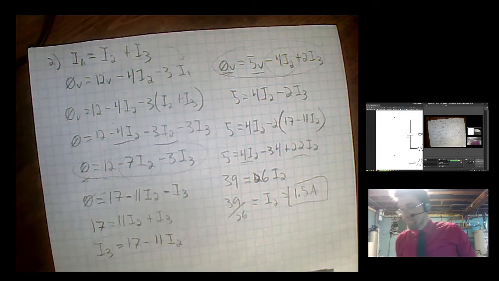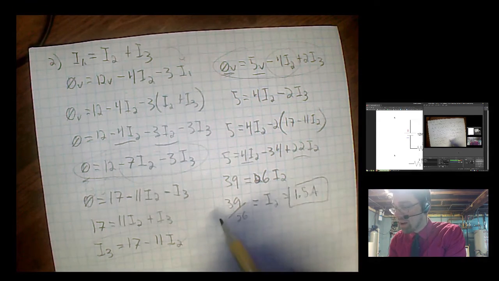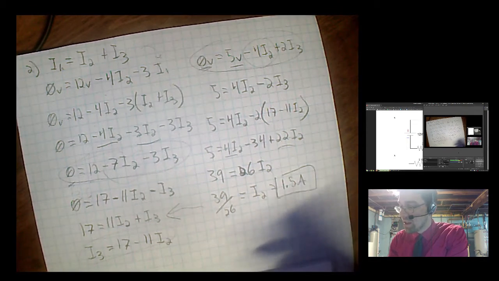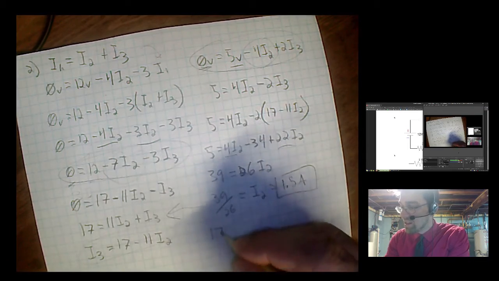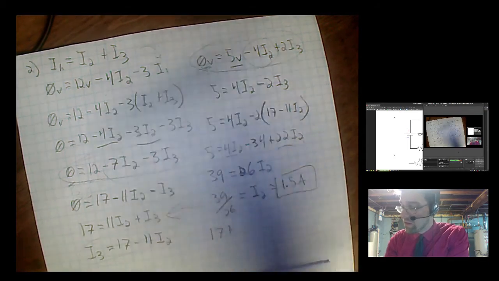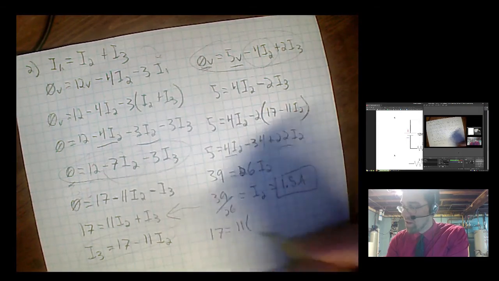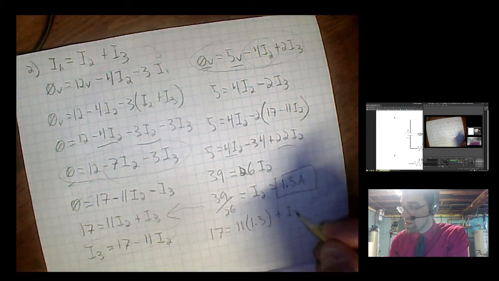Now that we got a number for I2, I see here's an expression with only I2 and I3 in it. Let's plug in this value for I2, and now this will only be 17 equals 11 times our value for I2 plus I3.